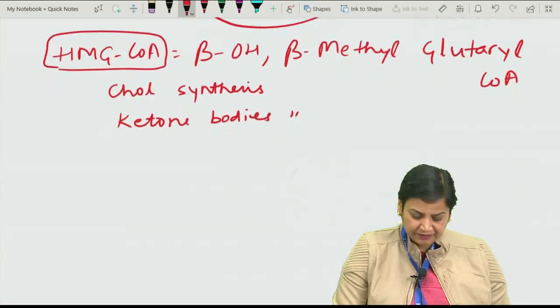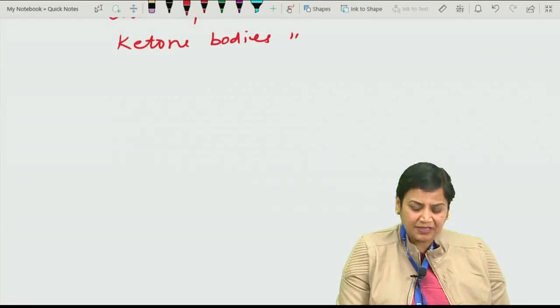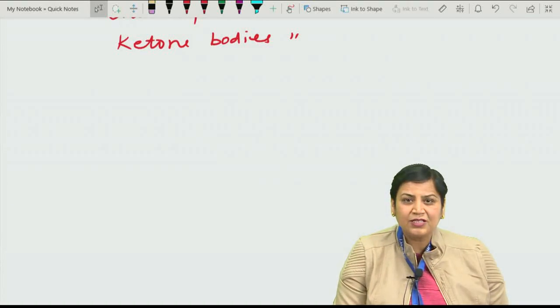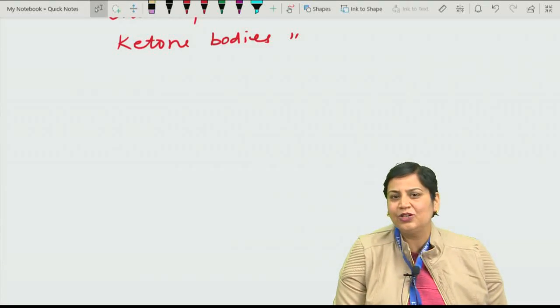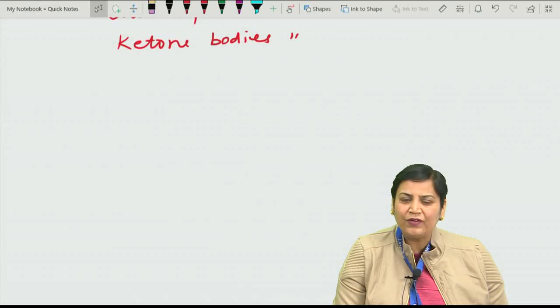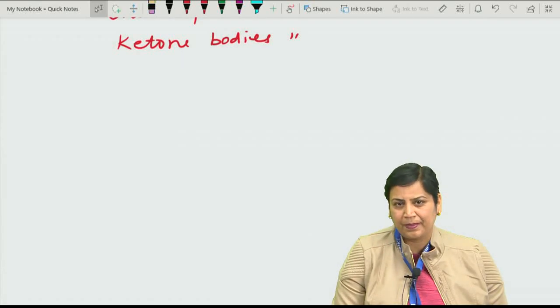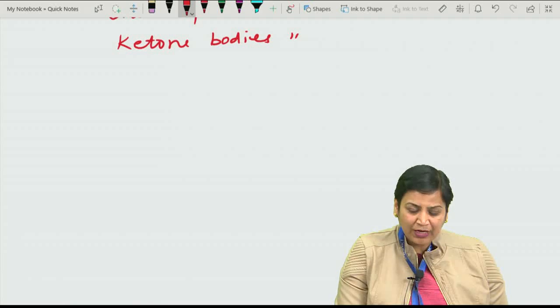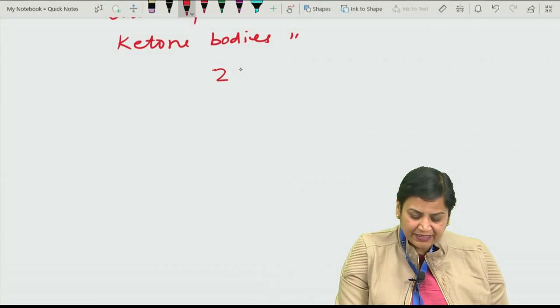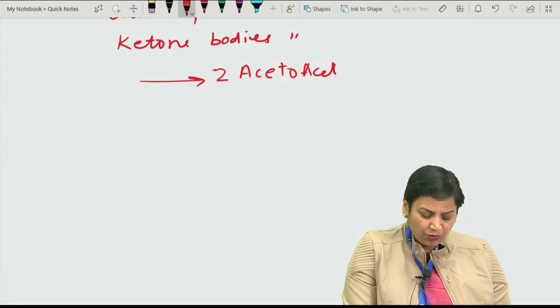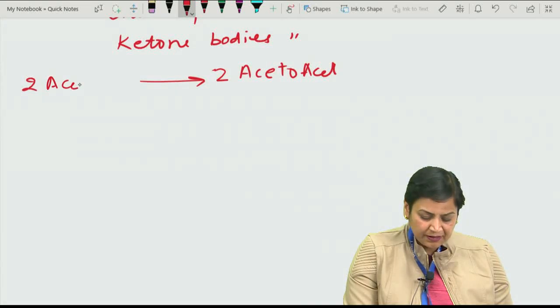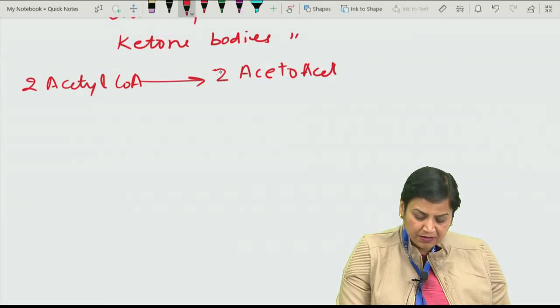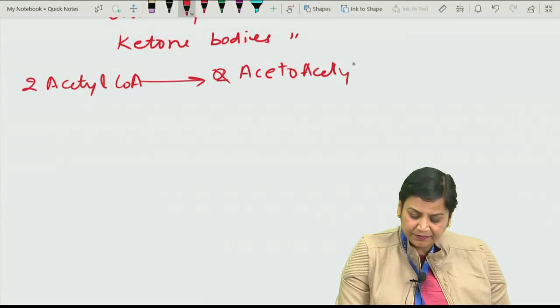Now see, let's discuss this. If we take the synthesis of cholesterol as well as ketone bodies, till the formation of HMG-CoA it is the same. Two molecules of acetyl coenzyme A combine to form acetoacetyl-CoA.